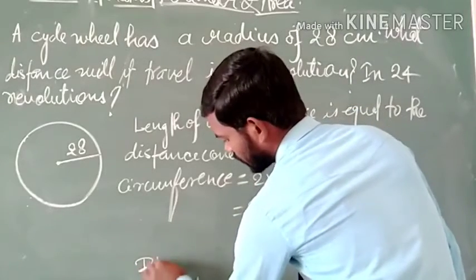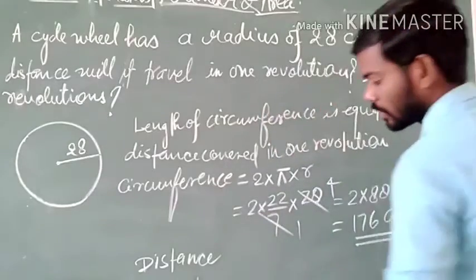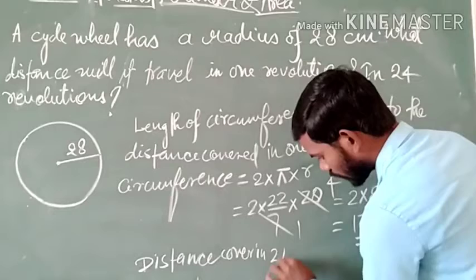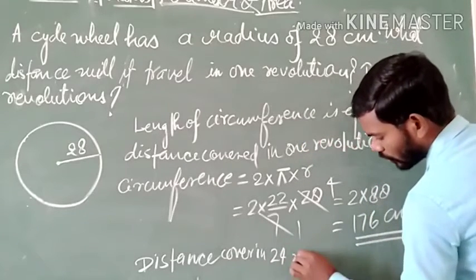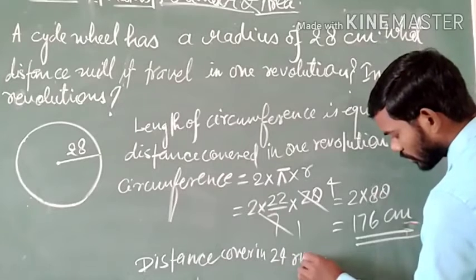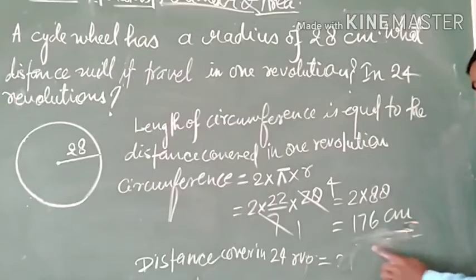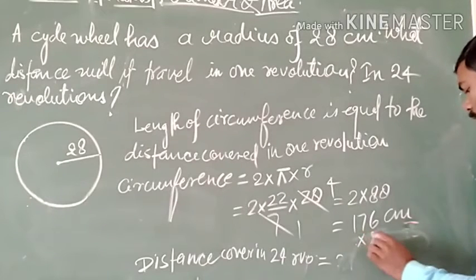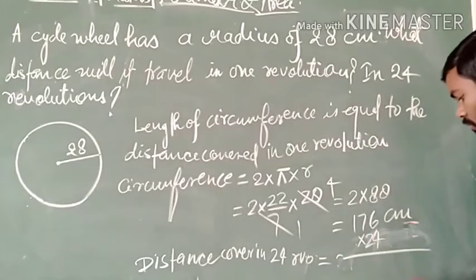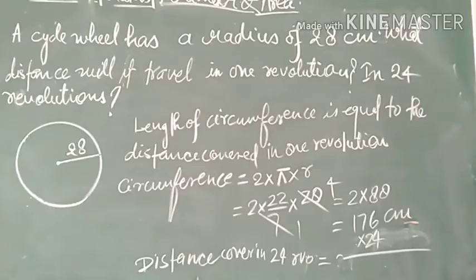Therefore, distance covered in 24 revolutions is equal to 176 multiplied by 24. When we solve it, we shall get our result.